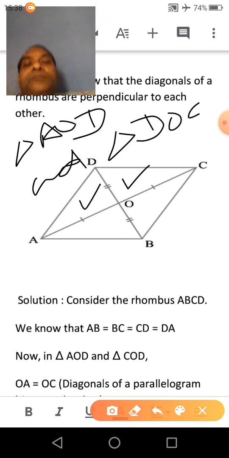Now in both the triangles, OA will be equal to OC, because ABCD is a parallelogram. Clear? ABCD is a parallelogram because a rhombus is a parallelogram. Now OA is equal to OC. Clear?